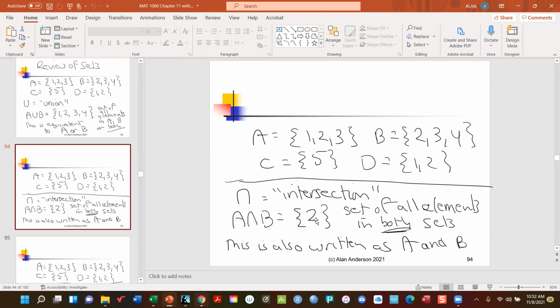In other words, A intersect B is 2 because that's the only element that they have in common. And in terms of English, sometimes the intersection symbol is written as and. So when you see A and B, it means all the elements that are in both A and B. So here it's just the 2.